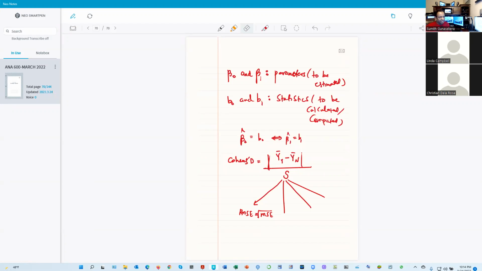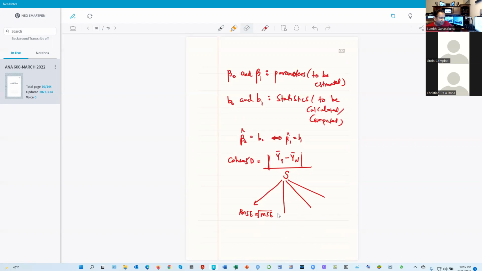Or if the sample sizes are the same, you can use the mean of the two variances and take the square root of that. Or you can use the pooled one.